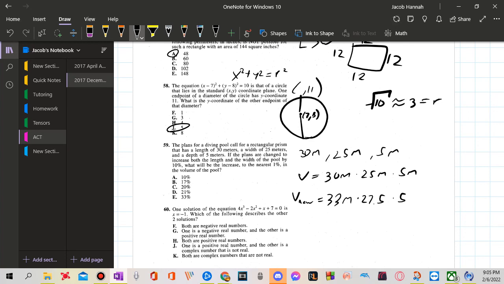So how much percent increase? You could cancel this out. So 33 times 27.5, over 30 times 25. That's 907.5 divided by 750.